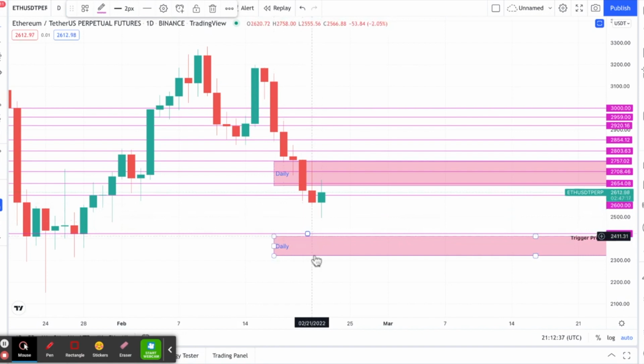At this point, if I were to end up setting an ETH bot, I would say that I think it's going to end up coming down and wicking at least to 2,400. And so I could end up setting this bot from all the way 2,400, and looks like 2,413, all the way up to 3,000. But that trigger price, it could wick down to 2,400 and then start the same process over again.